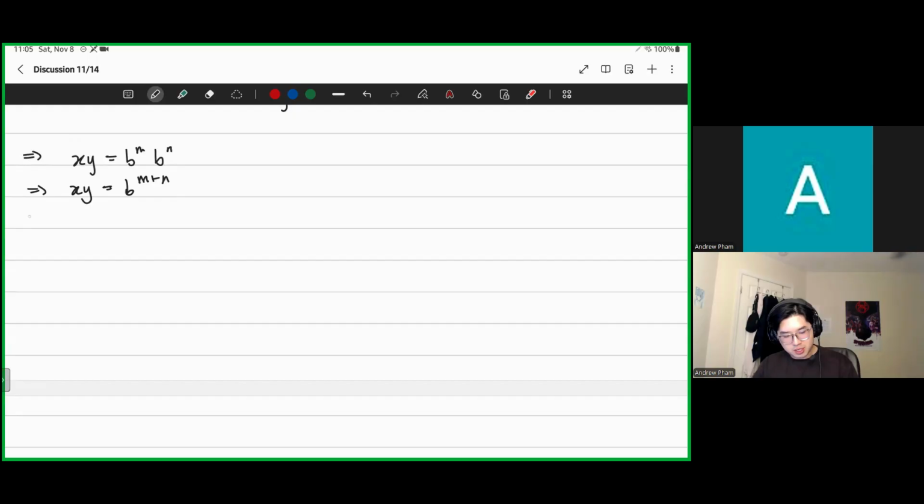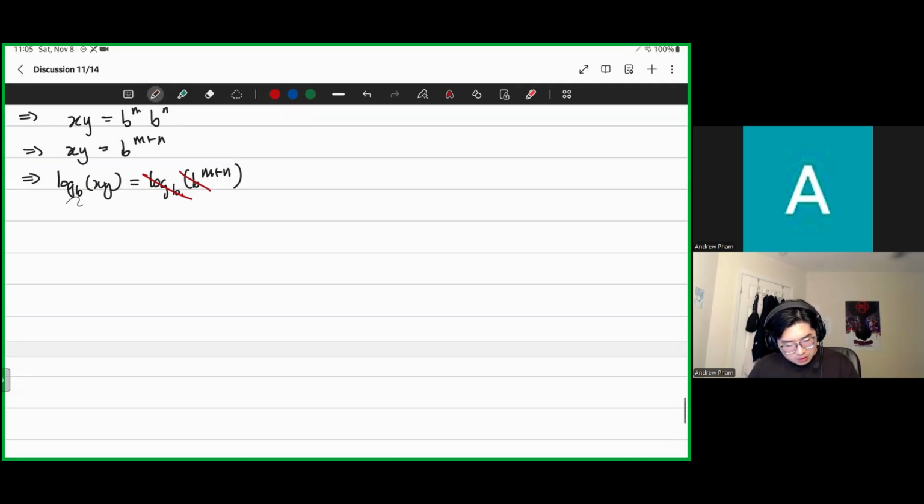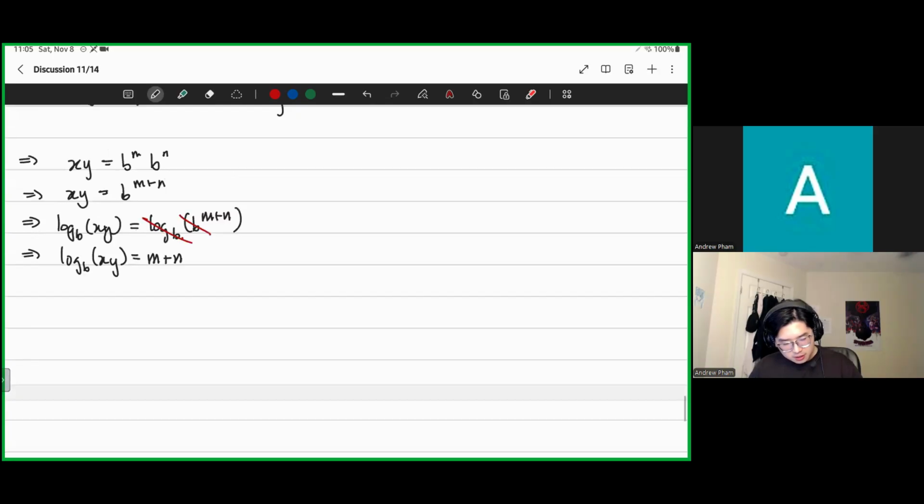Now if I take the logarithm base b of both sides, I get logarithm base b of xy on the left-hand side. And on the right-hand side, I get logarithm base b of b to the m plus n. Then by the inverse rule, the log base b and the b cancel, leaving me with logarithm base b of xy is equal to m plus n.